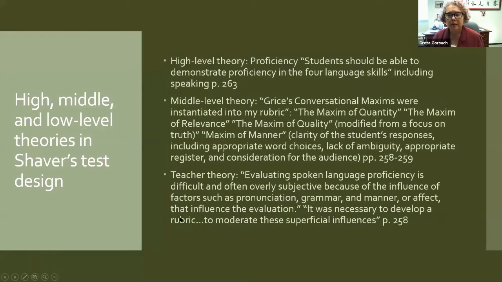And so we get back to this HML model and how we can use high, middle, and low-level theory to examine what this individual teacher has done with the test that she made, a performance test. In terms of Shaver, high-level theory, she actually talks about it. She doesn't call it high-level theory, but she talks about proficiency. She says students should be able to demonstrate proficiency in the 4 language skills, which is why she made this particular test.